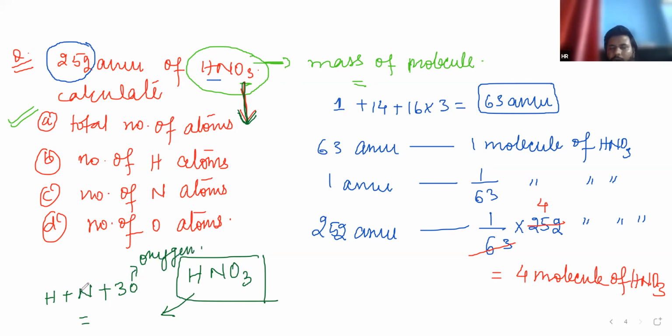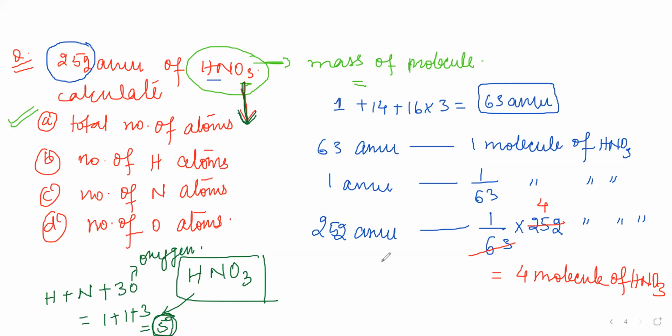Total number of atoms is equal to 1 atom of hydrogen, 1 atom of nitrogen, and 3 atoms of oxygen. Will it be equal to 5 or not? Yes, sir. What is the problem? You can see how many atoms are present here.